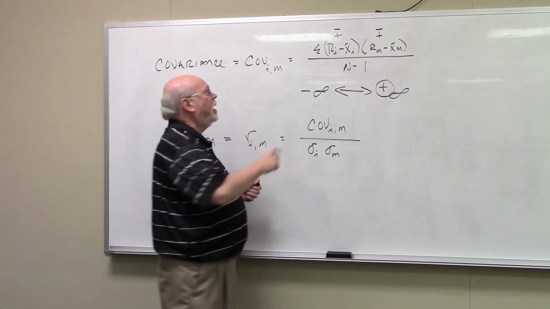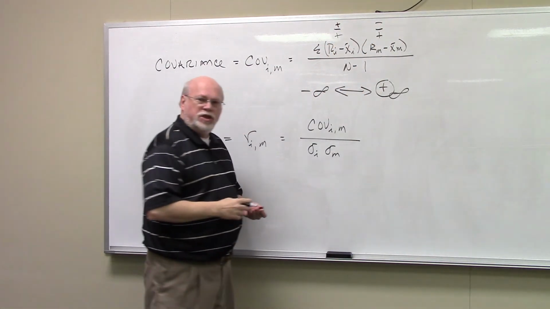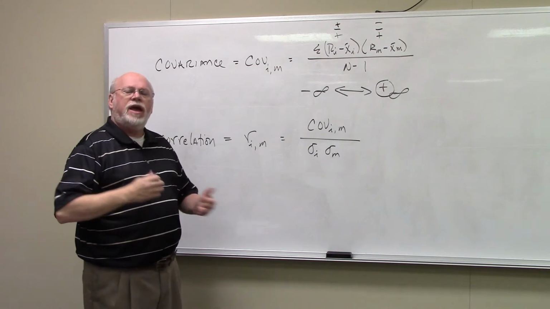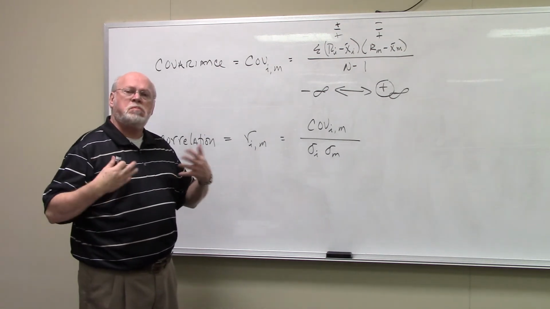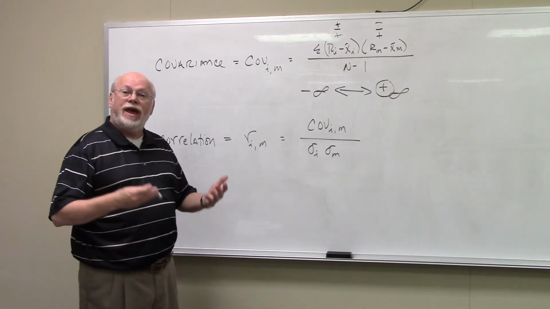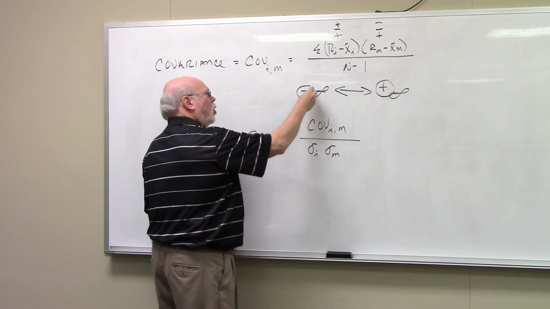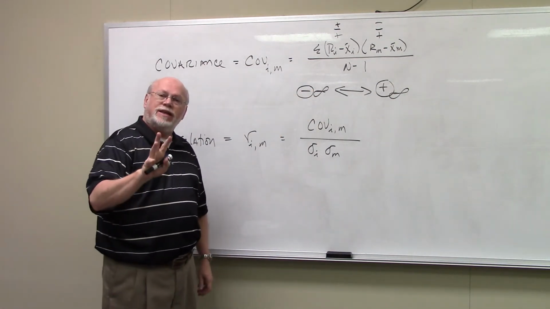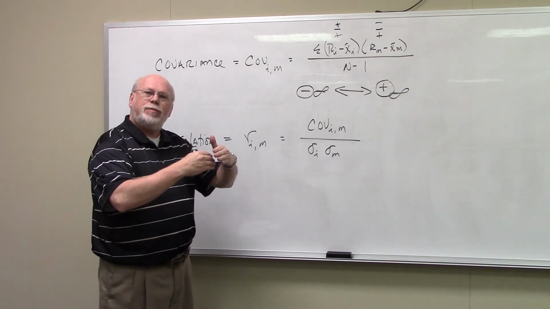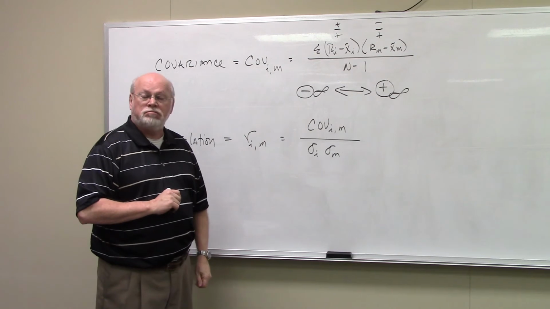Now, if you had one on the upside of its mean, generating positive deviations, and the other generating negative deviations on the downside of its mean, a positive times a negative would be a negative number. If you have large negative covariance, what that means is that the two sets of numbers tend to be on opposite sides of their means at the same time.